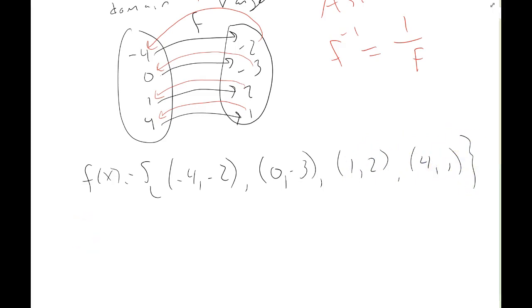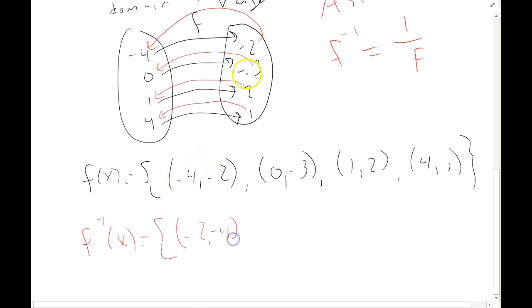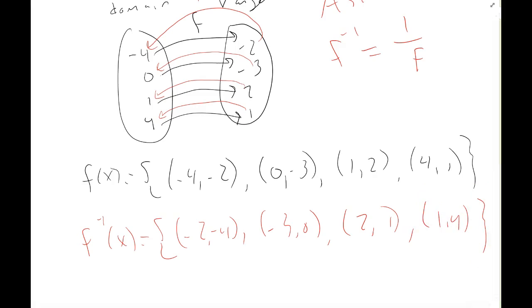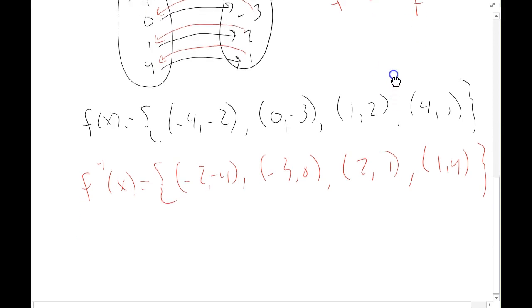The inverse for this function is going in the reverse direction. So instead of writing the xy here, I'm going to write the yx. -2 is the input, and -4 is the output. All I need to do to find the inverse is to swap the x's and the y's. Okay, that's not so hard, right? Finding the inverse of a set of ordered pairs is quite easy.